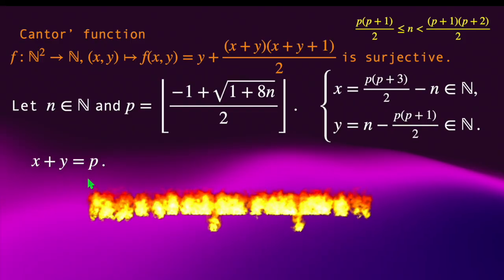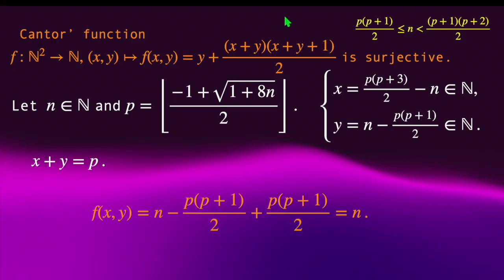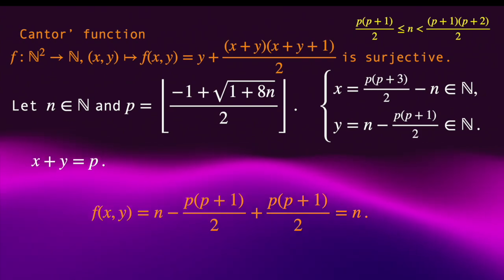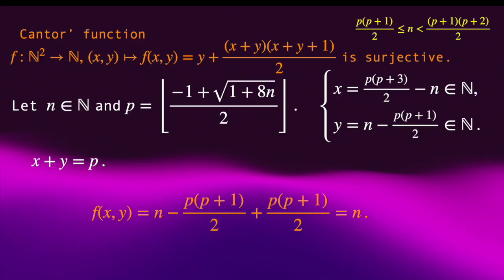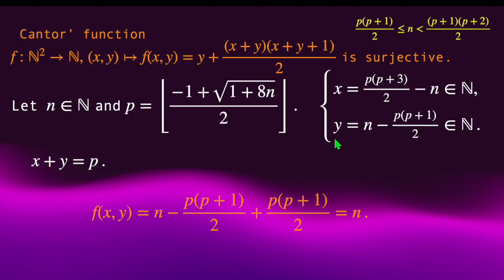And so if you compute f(x,y), it is y plus (p+1)p over 2, and we get n. So we have shown that Cantor's function is surjective. And now we will see why we have chosen these two values.